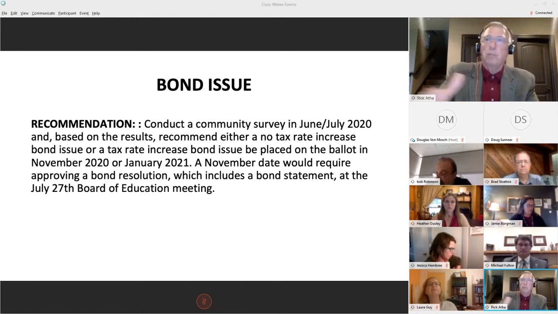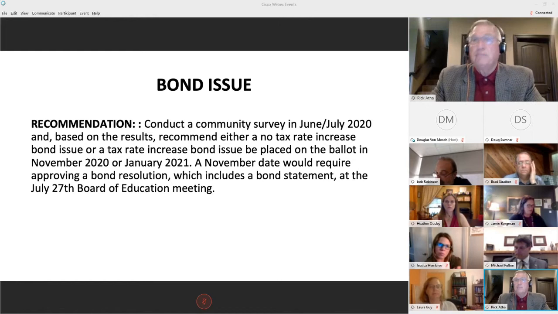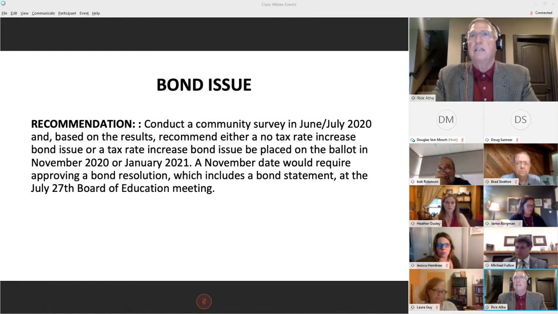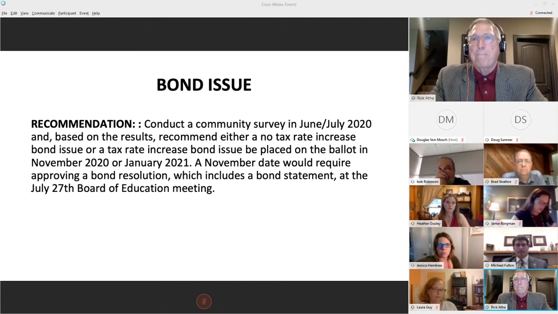So this plan over the next 15, 20 years is really trying to look at these facility needs over the long haul and just maintain these aged facilities. And as Dr. Fulton said earlier, we're not going to be building new high schools and new middle schools.